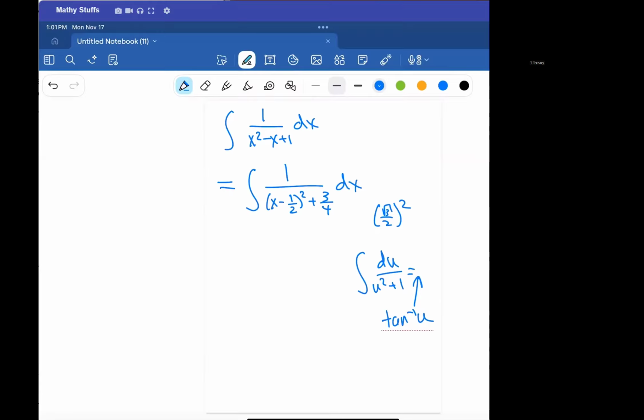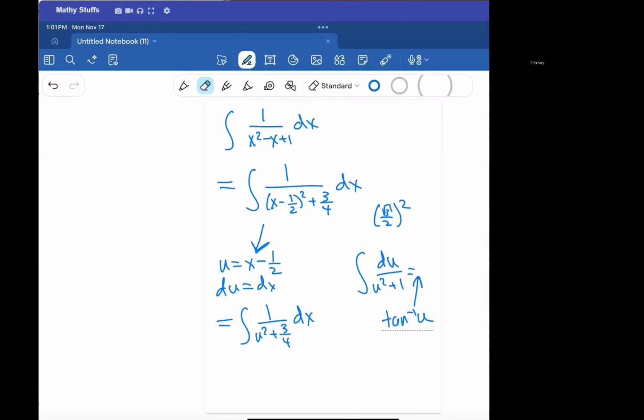So in order to get that, this is going to take a series of 2 substitutions. My first one is I'm going to let u equal x minus 1/2. du is dx, so everything is beautiful there. And I rewrite this integral as integral 1 over u squared plus 3/4 dx.